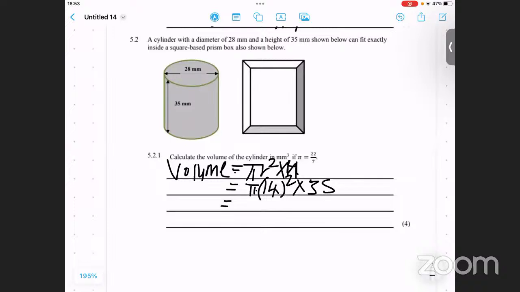I wanted to say that I got 21,551.3256 millimeters cubed. Is there anybody who's getting a different answer?